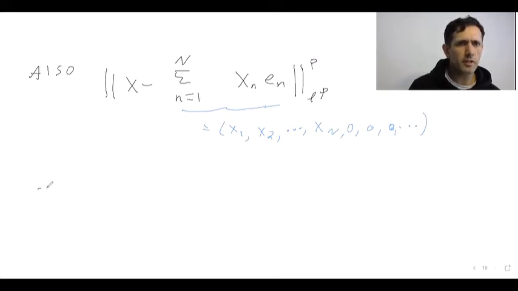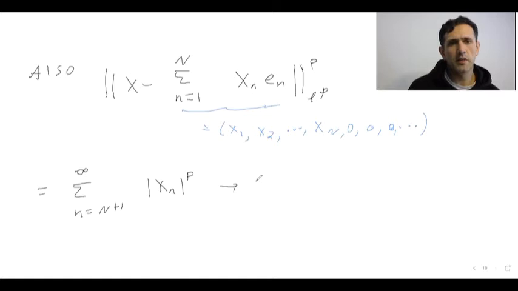So pretty trivially, this is going to be equal to the sum from n equals n plus 1 to infinity of |xn| to the p. And because x is in little lp, this, as n goes to infinity, converges to 0.